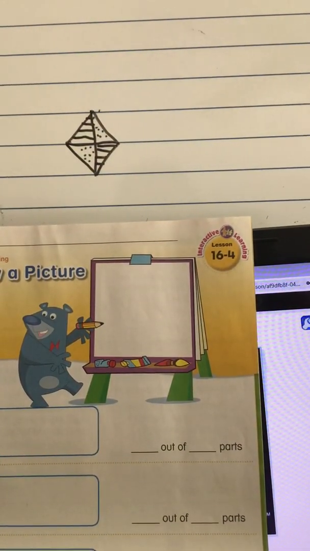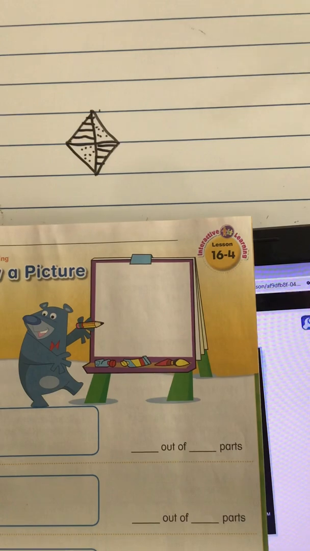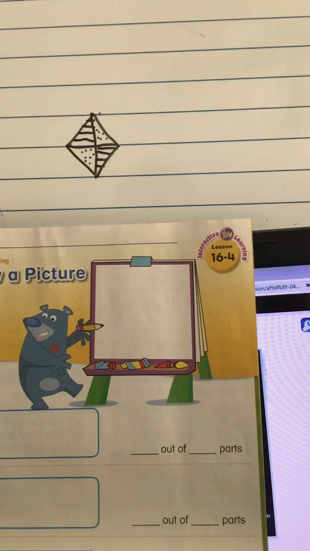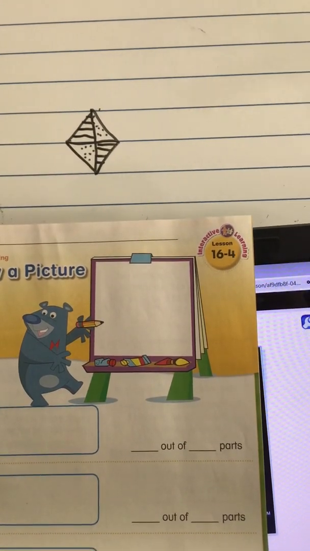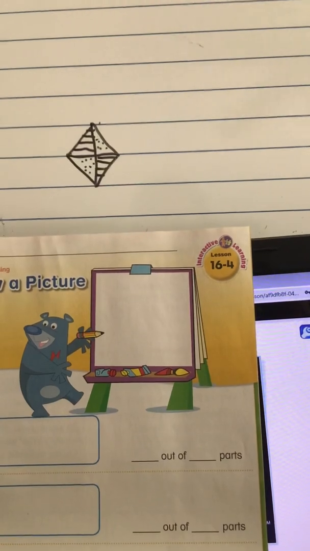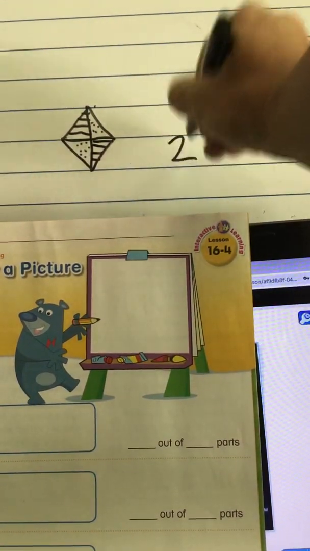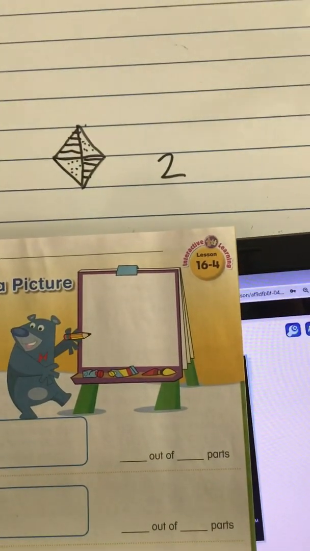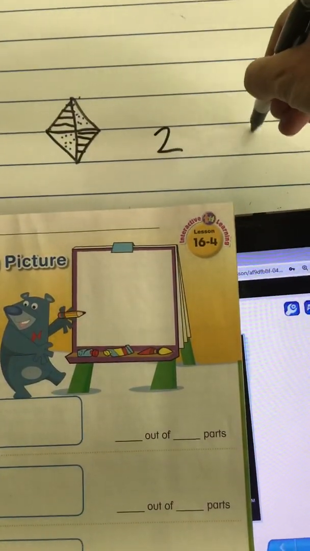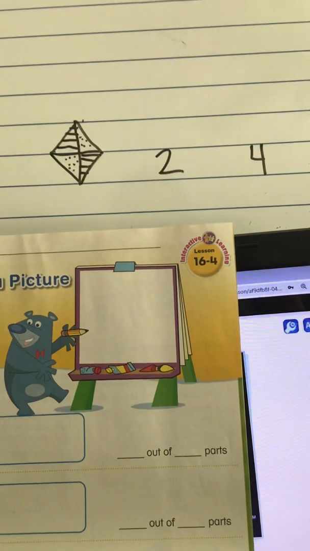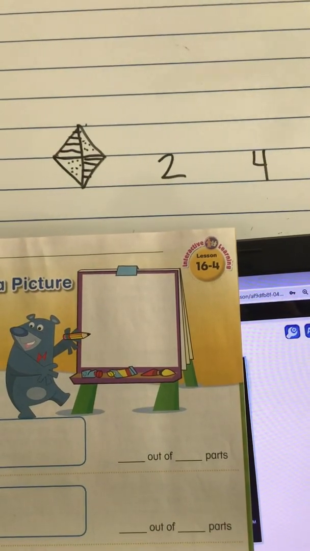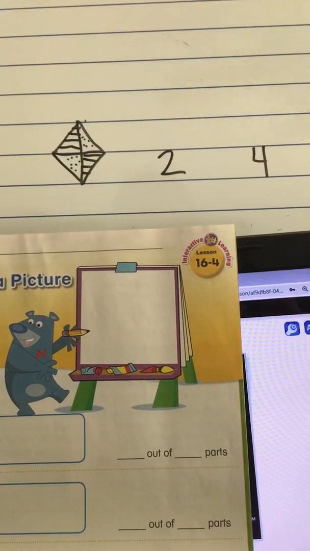Go ahead and do that with your kite. So now if I said how many parts have dots, we would write a 2 on the first line. 2 parts have dots. And there are 4 parts. Write a 4 on the next line. 2 out of the 4 parts have dots.